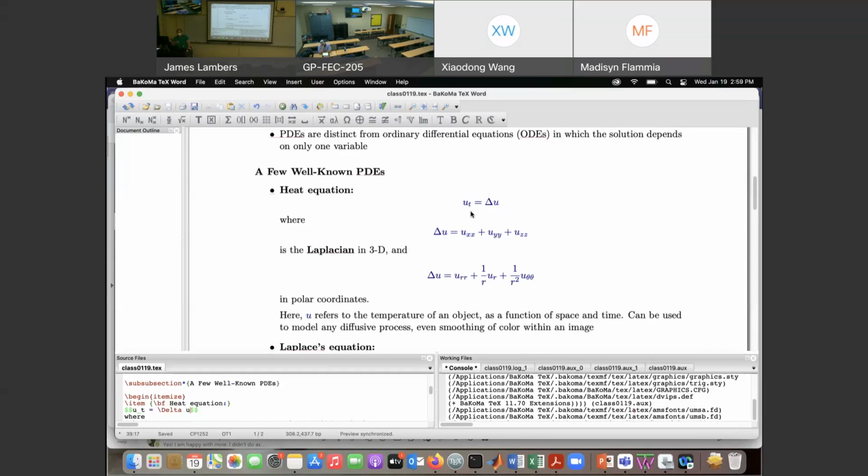So that's what happens with an image: the color values will smooth out over time, thus removing the noise. So a lot of image enhancement, such as sharpening images or removing noise from images, is achieved by simulating a diffusive process. So there are a lot of situations that have nothing to do with heat energy in which this PDE is still useful.